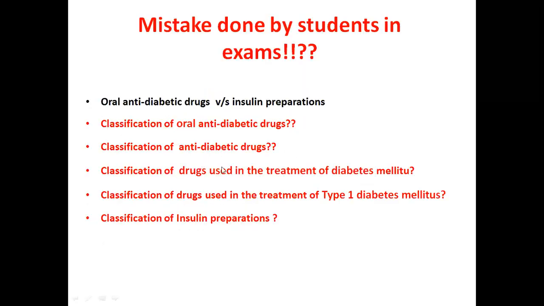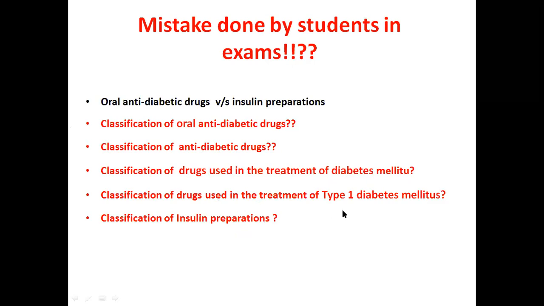If they ask the classification of anti-diabetic drugs, then you can write both insulin preparations as well as the oral anti-diabetic drugs. Again, classification of drugs used in the treatment of diabetes mellitus, you can write both insulin preparations as well as oral anti-diabetic drugs.